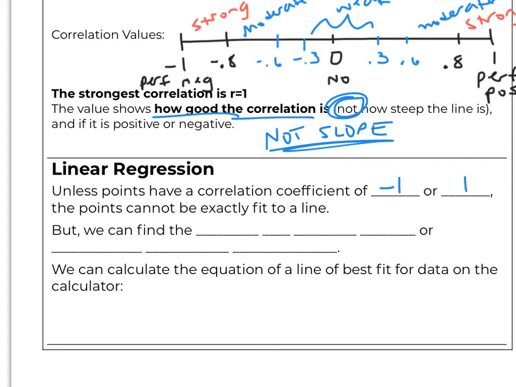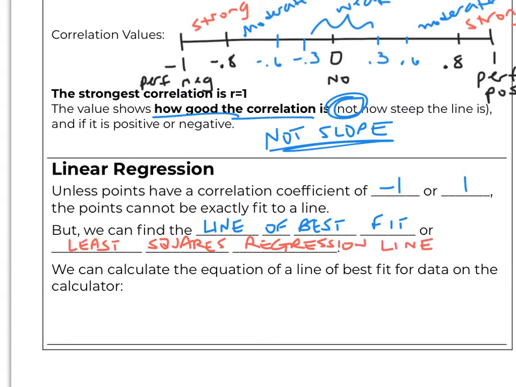So we can find the line of best fit, or the least squares regression line. I didn't give you the right number of boxes. What does the squares have to do with? Don't worry about it right now.